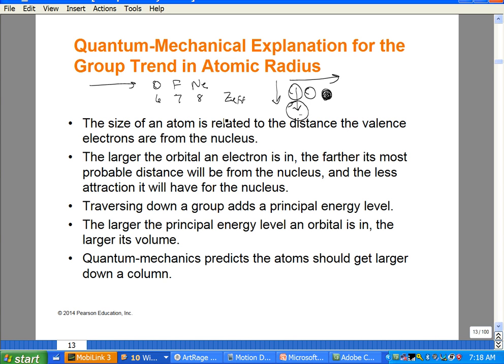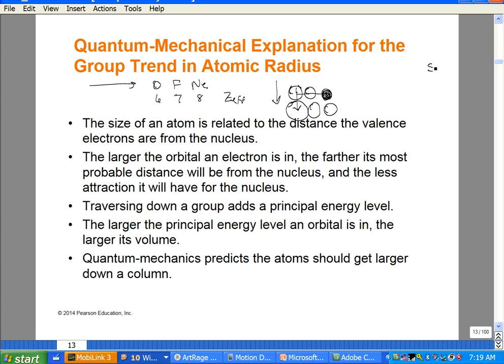So going from here to here, we get bigger. But within each period, the amount of electron attraction toward the positive nucleus increases as you go across. And so you end up getting smaller as you go from left to right.